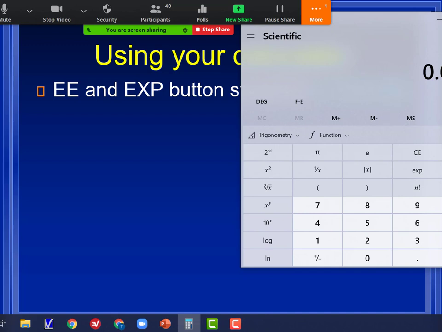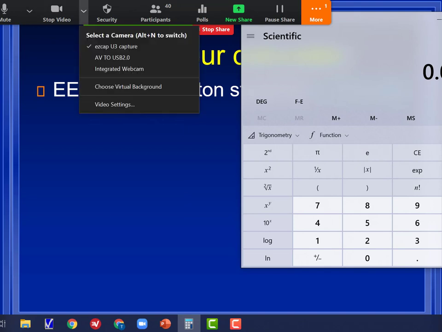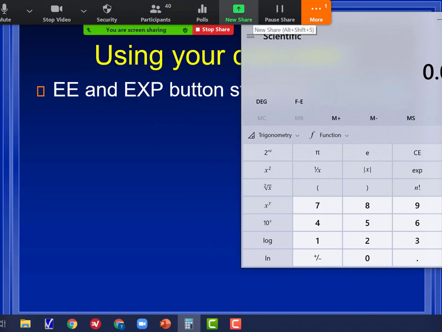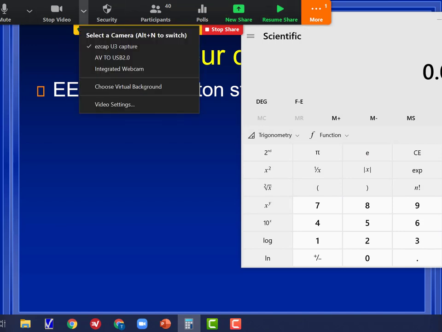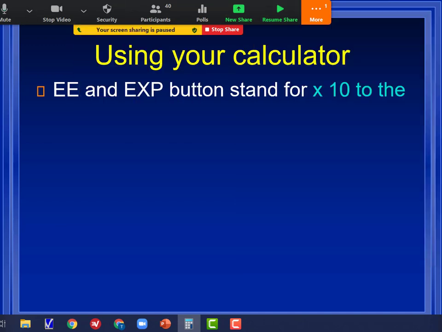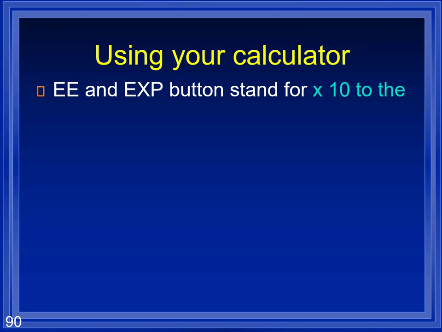Okay, calculator wise, here's where they are on other calculators.